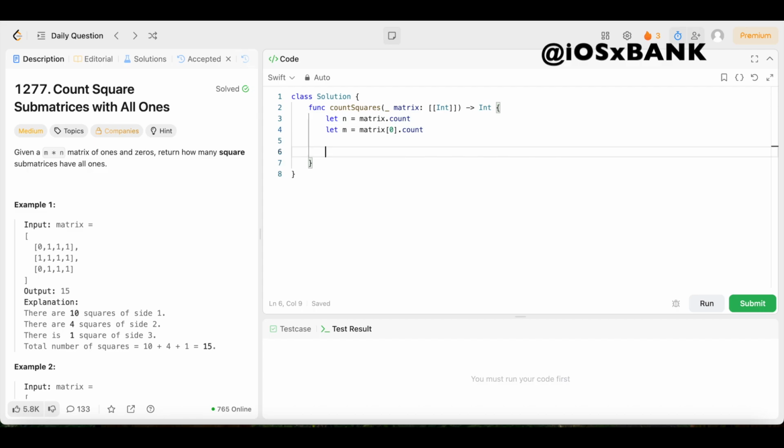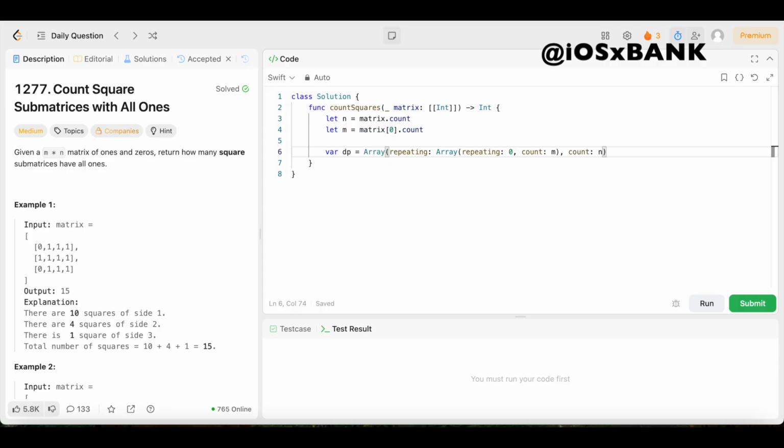So we're going to create that dynamic programming array by saying var dp equals Array(repeating: Array(repeating: 0, count: m), count: n), just like that.